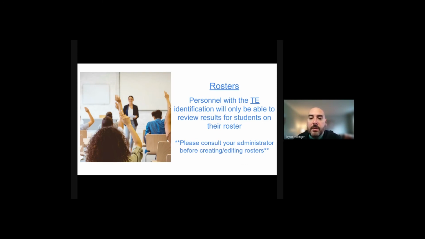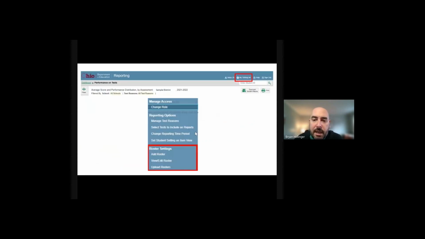So you may need to add a student into your roster if you don't see their results. That may be why you're not seeing it. It's just that they haven't been added to your roster, which will kind of show you how to add an individual student as well. Okay, so let's jump into taking a look at making a roster.